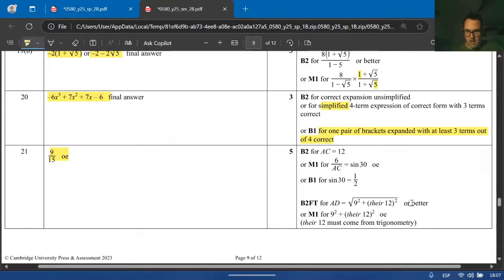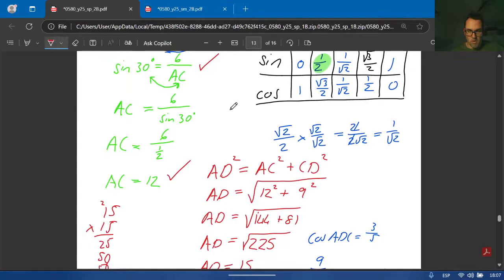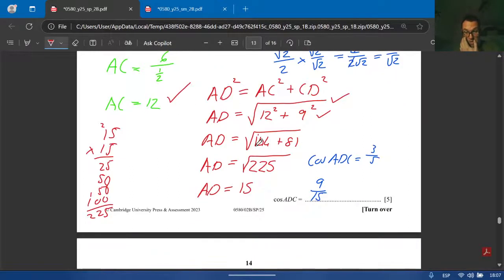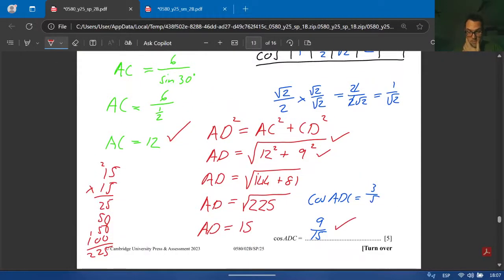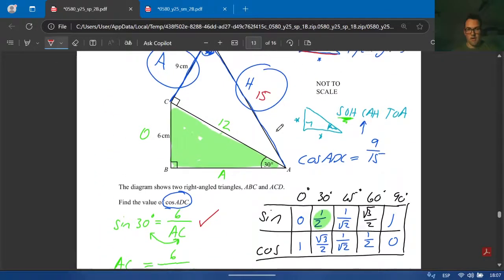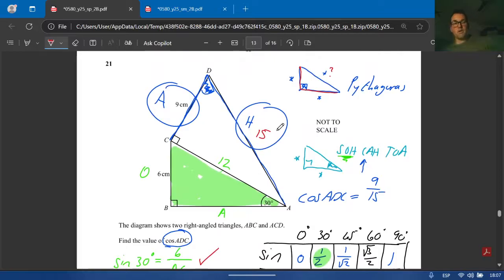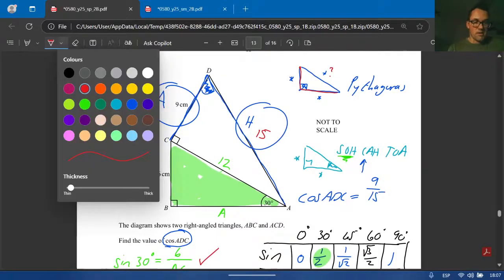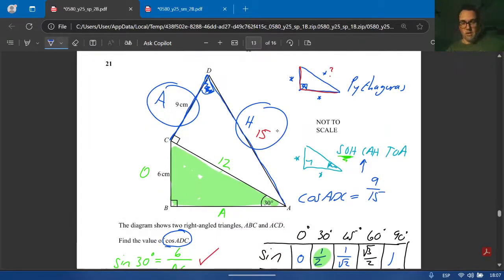And then you get 1 mark for squaring, adding together, and another one for square rooting it. And then, of course, the final mark is 9/15. Alright, you can do this. Break it down into little parts, practice questions like this at home, and you're sorted.